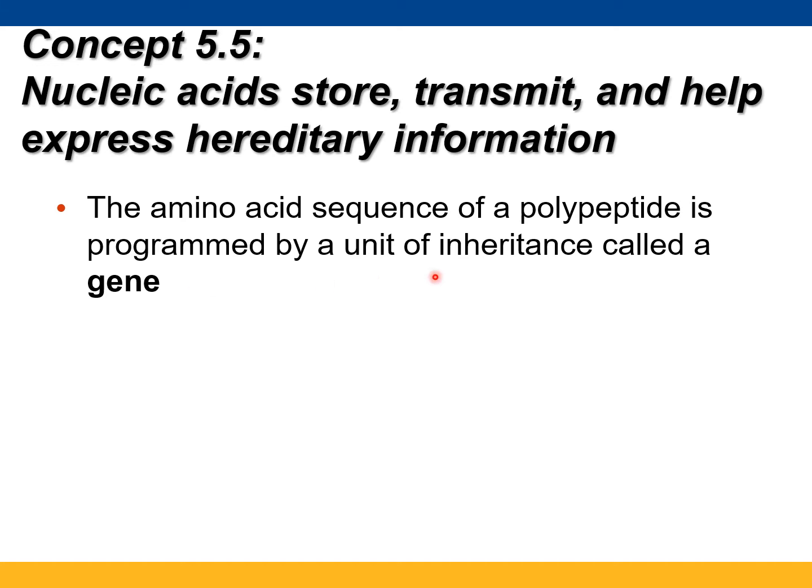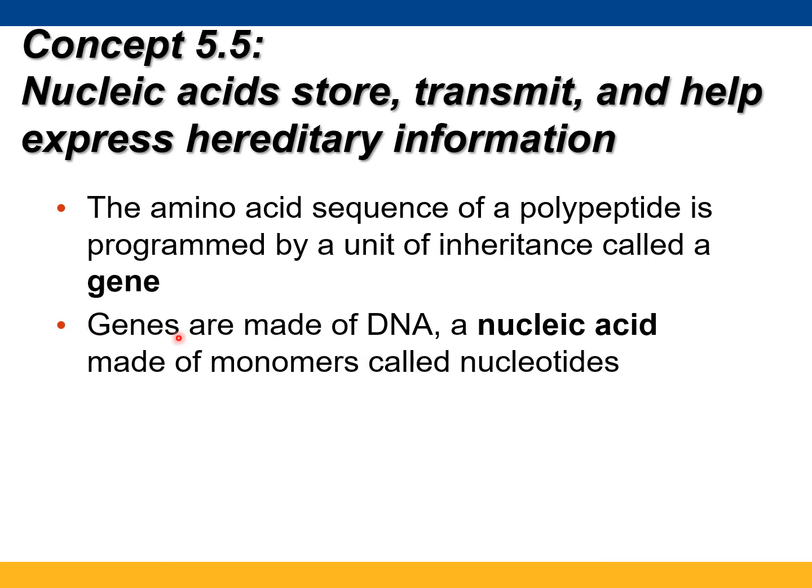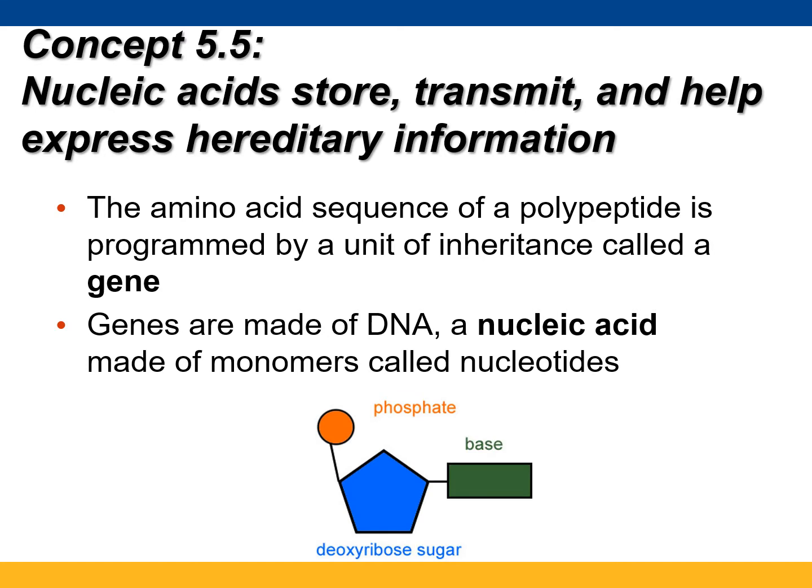And that's a later chapter in the book. But nevertheless, it's good to know that the gene is a sort of functional, heritable unit, if you will, that confers traits. So genes are made of DNA, a nucleic acid, and the monomers are known as nucleotides.